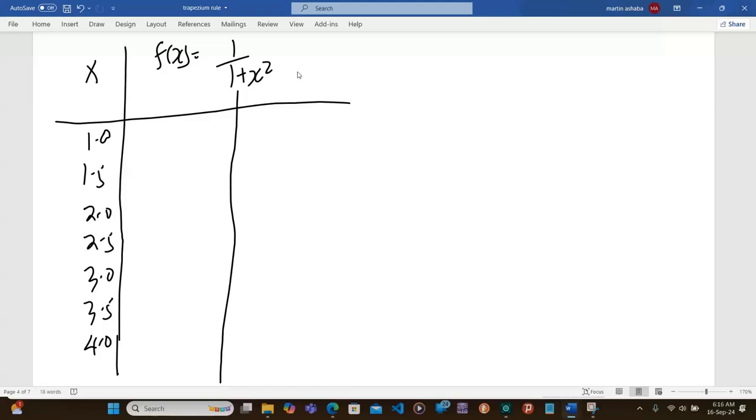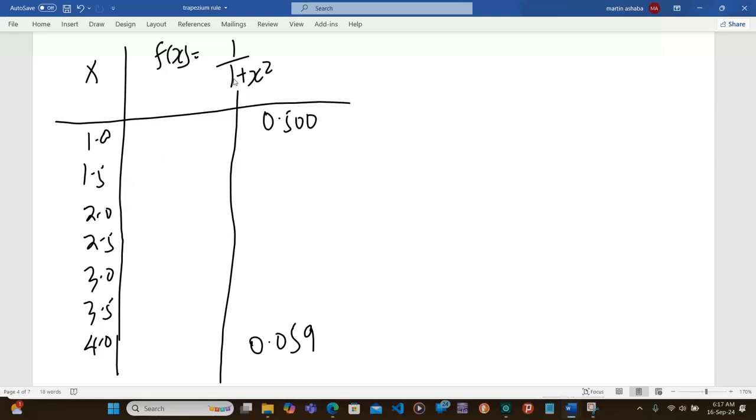So we start with substituting our values for f of x. If I substitute 1, I'm going to have 0.500. If I substitute in 4, it is 4 squared plus 1, then I take 1 out of that answer, and this is 0.059. So what about these other values?